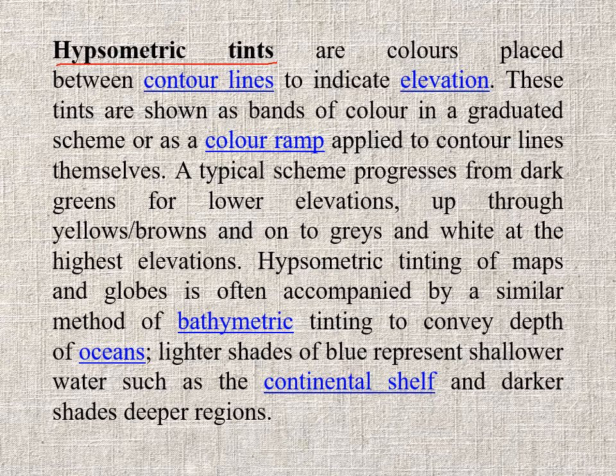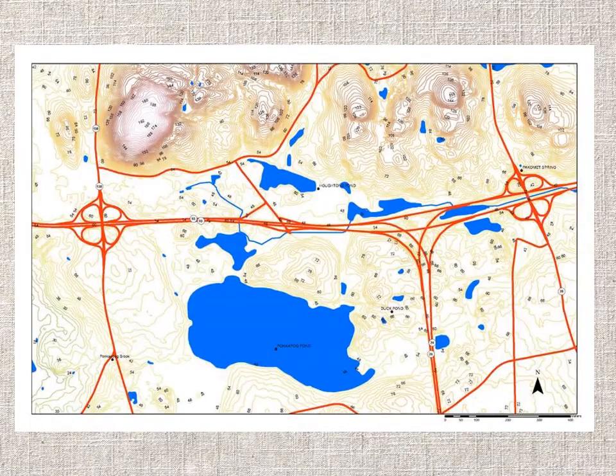Here you can see that these portions are brownish or yellowish. These are the lower elevated parts, these are the much higher parts, then gray and ultimately white. So this white portion is the maximum height land part.